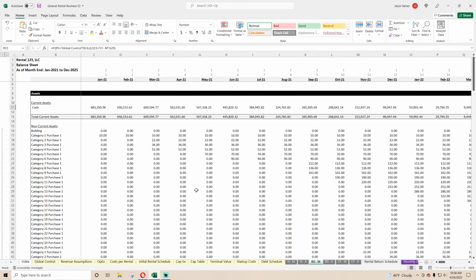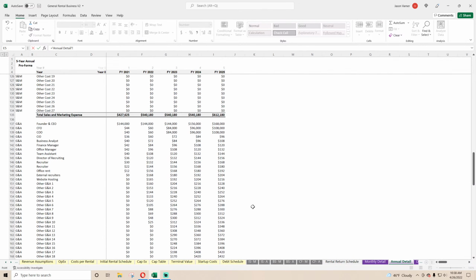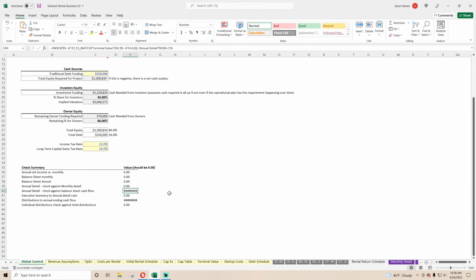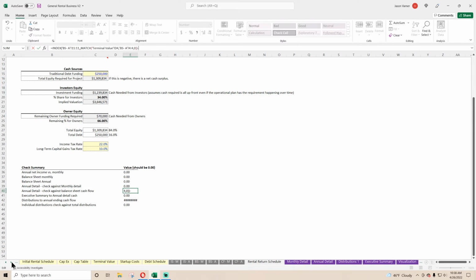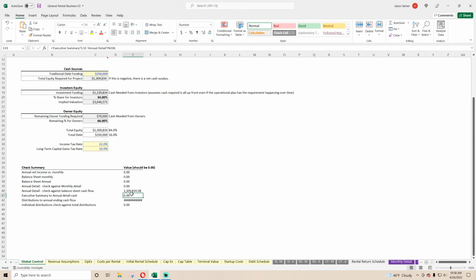Yep. I'll check the balance sheet, monthly and annual. Annual detail check against monthly. And it's nice to have all your checks in one spot as well. Annual detail. Okay, so here we're taking the monthly cash balance on the balance sheet minus the cash here, and then against equity required.